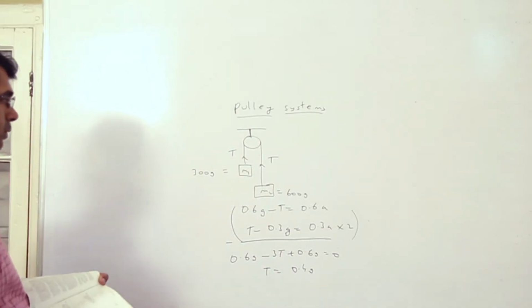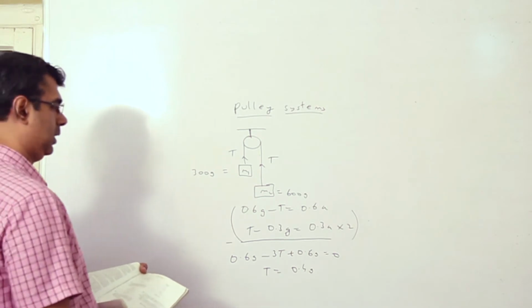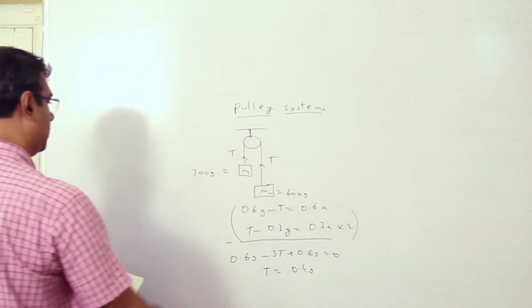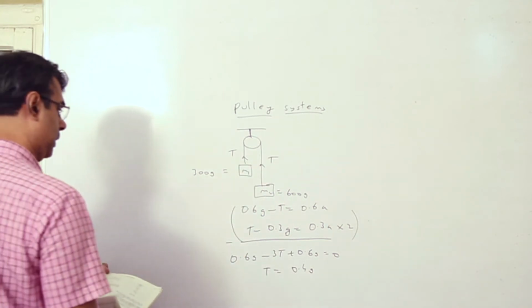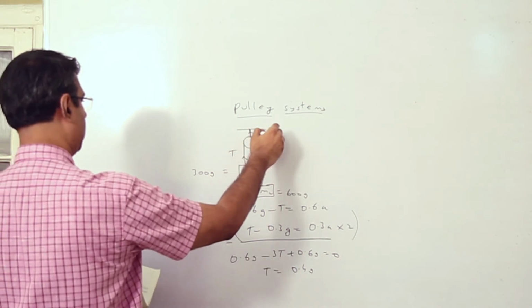So 0.4 into g is equal to the tension in the string. So the tension in this segment of the string as well as this segment of the string will be 0.4 g, and what will be the force exerted by the clamp on the pulley?